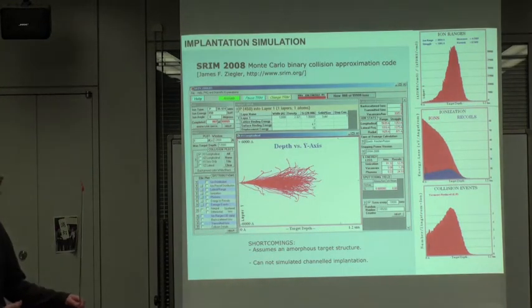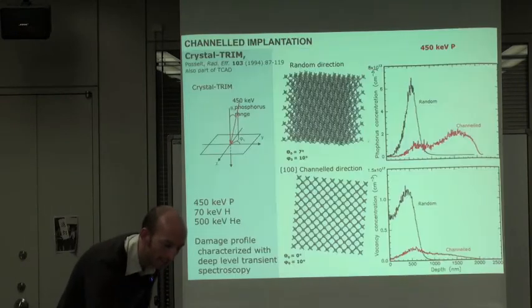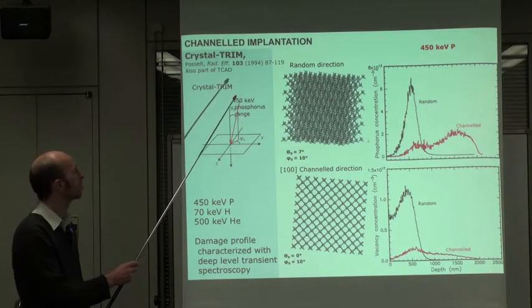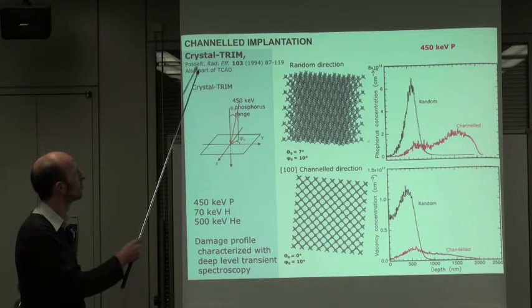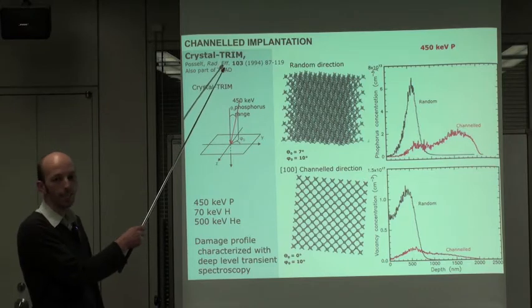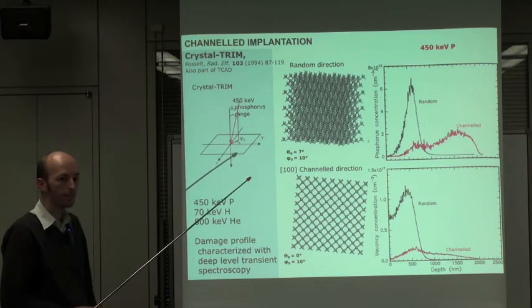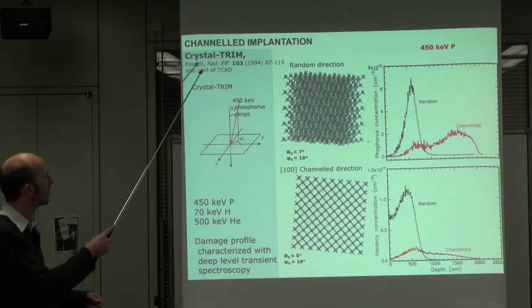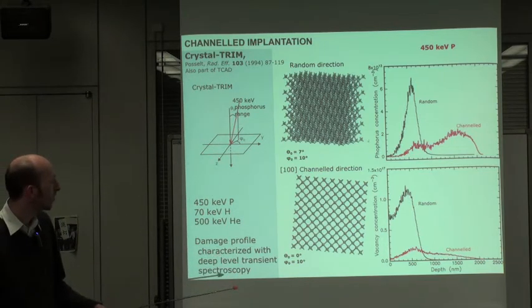So you can't simulate channeled implantation. But that's where Crystal TRIM, which Pussalt developed, takes over. It's also part of TCAD. I think the DIOS package in TCAD has Crystal TRIM incorporated into it.